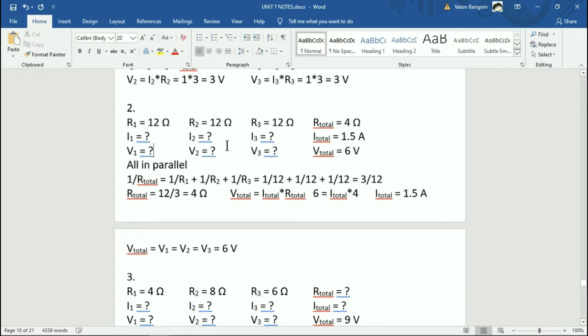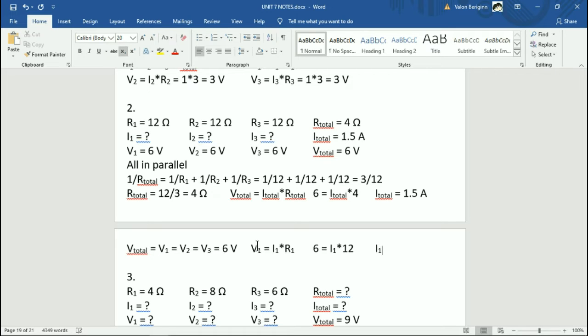So these are all going to be 6V. And again, now we can use V equals IR. V1 equals I1 times R1. So we get 6 equals I1 times 12.